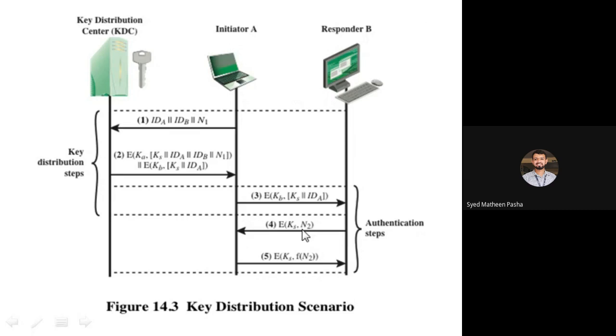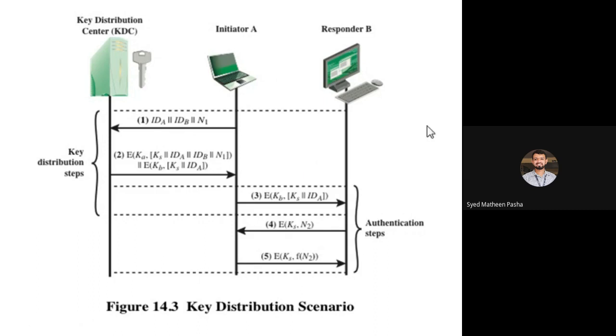So whatever request is sent, the same request is sent as a function here. So what is the usage of the function in this step? Basically, the request for the key sent from responder B is a bit secure, but initiator A is securing that particular key at a higher level.